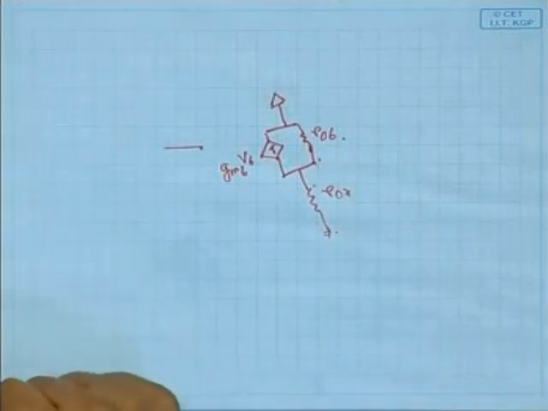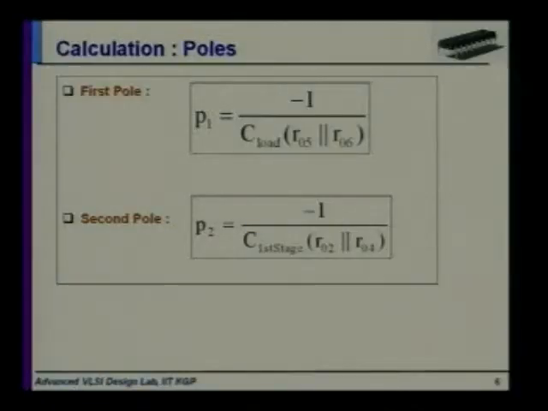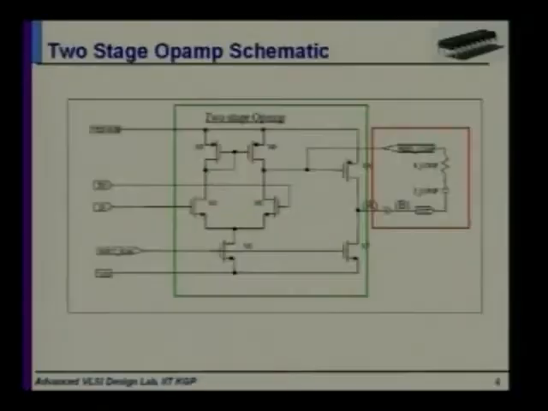Now the calculation of the poles. We will start the frequency response. First, the pole from the output of the first stage: the impedance is the drain to source resistance of M4 and M2, associated with some parasitic capacitance of M4 and M2, which is the effective capacitance seen from the output of the first stage. This gives the first pole of the circuit.